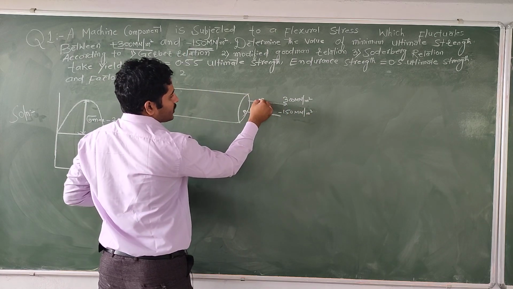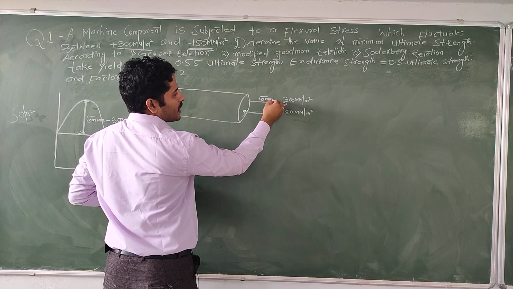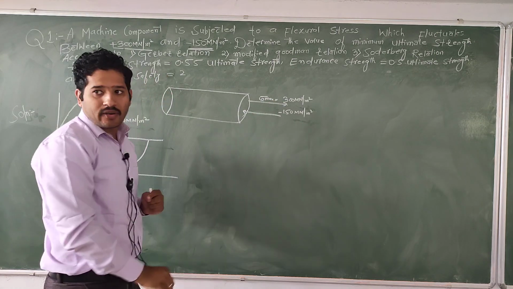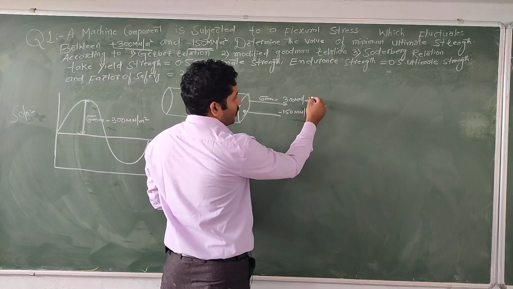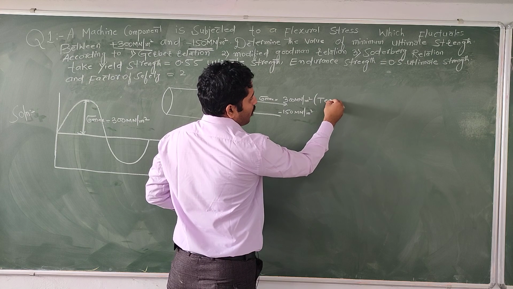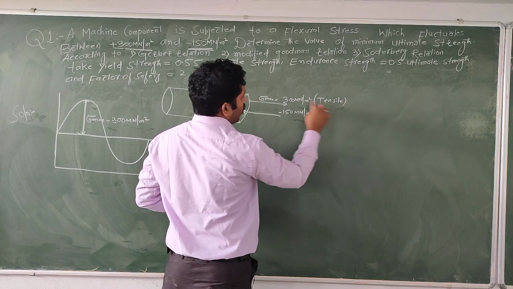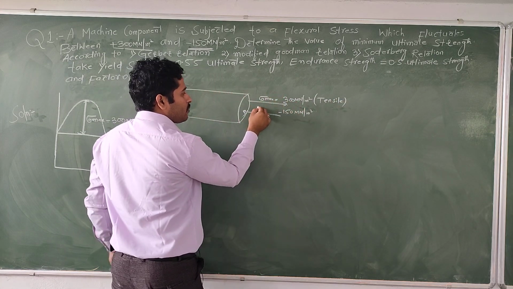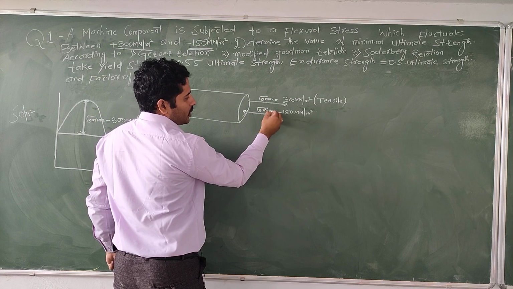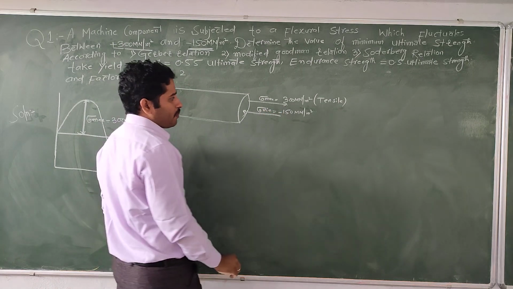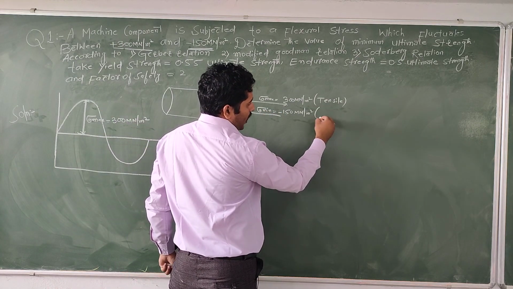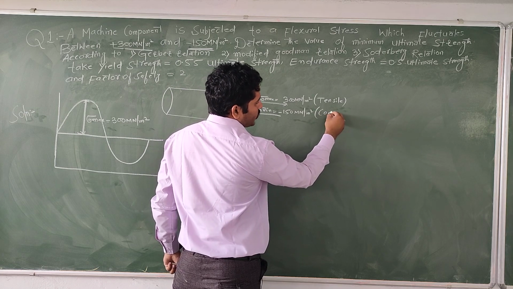Then we can represent the maximum stress sigma max equal to 300 mega Newton per meter square in the form of tensile stress because the sign is positive, and the minimum stress sigma min equal to minus 150 mega Newton per meter square in the form of compressive stress.